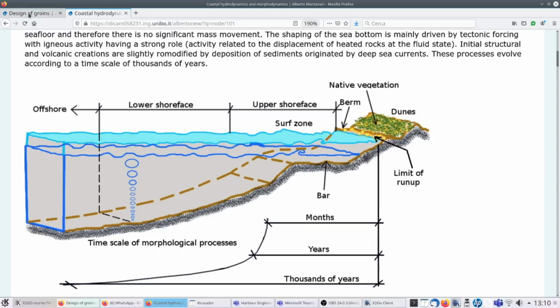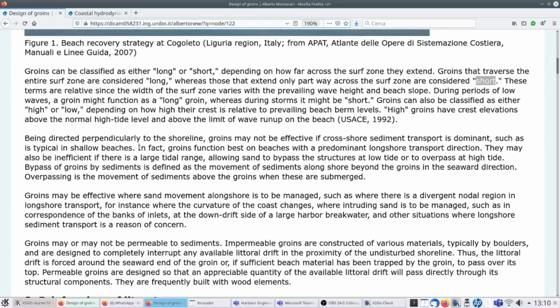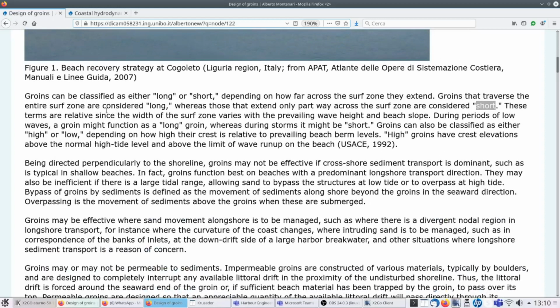So again, if groins completely cross the surf zone, then they are long. If they reach the farthest breaker line, they are long, but they may also be shorter, and then they are called short groins.